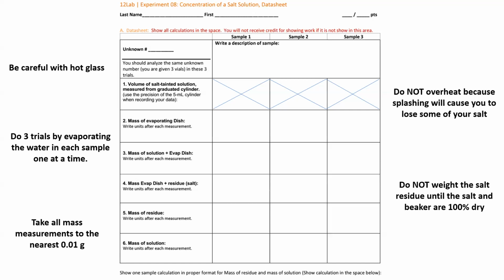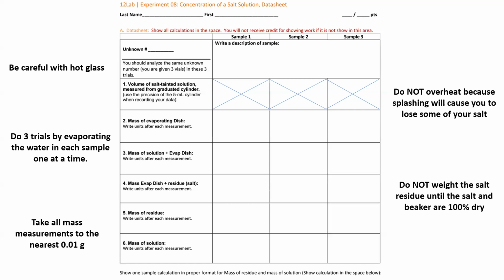We're going to do 3 individual trials by evaporating the water in each of your samples one at a time, right? So you're basically doing this experiment in triplicate, and then eventually we will record the average of the data. We're going to be taking all mass measurements to the nearest hundredth of a gram.